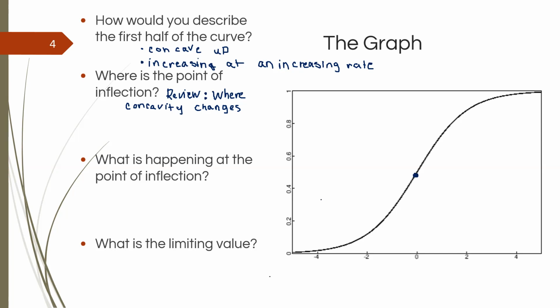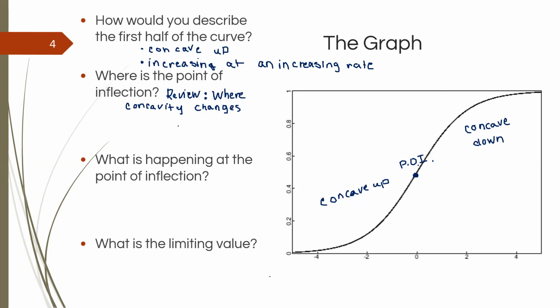So this first half of the graph we described as concave up. The second half of the graph we did not describe, but we can see that it is concave down. And so the point of inflection is where that concavity changes. So we had labeled that early in the semester as POI, point of inflection, and that's what we have there.